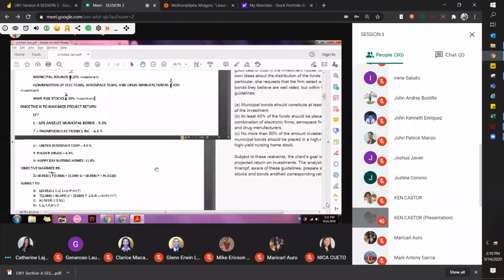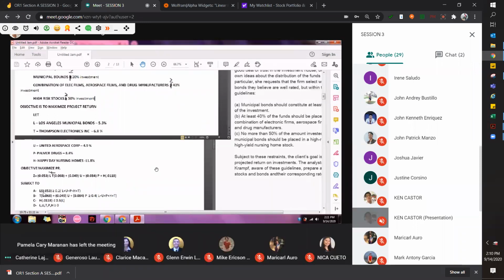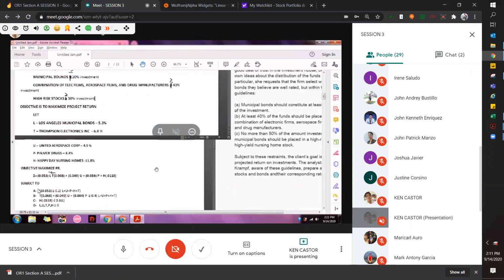Di ba parang hindi na? Kasi minultiply mo siya. Anong unit? Pag minultiply mo, L times 0.05, so number of stocks times a certain percentage. Or it could be a percentage na lang yung result ng left side mo.